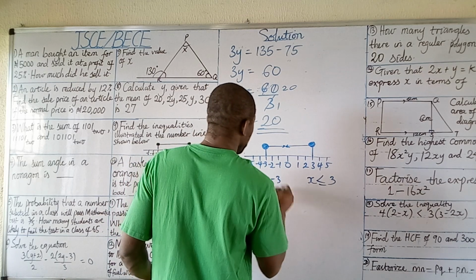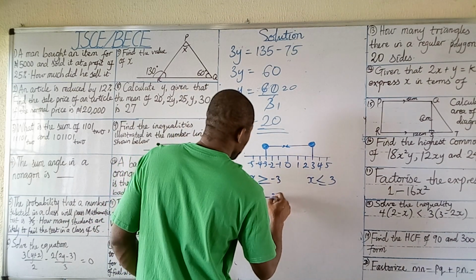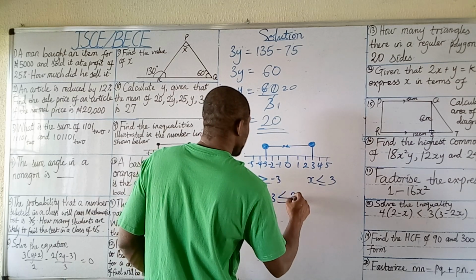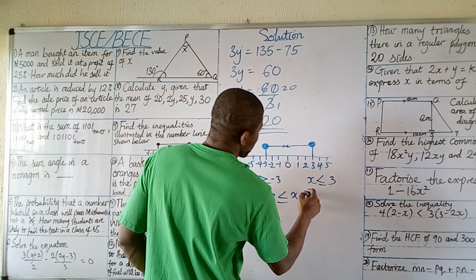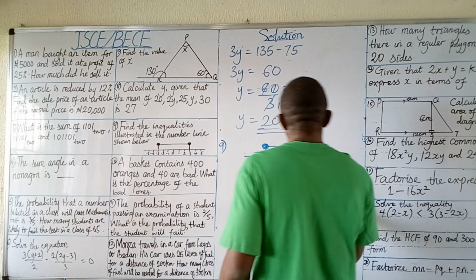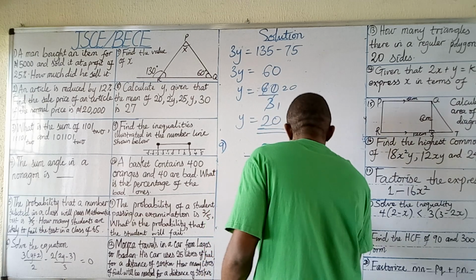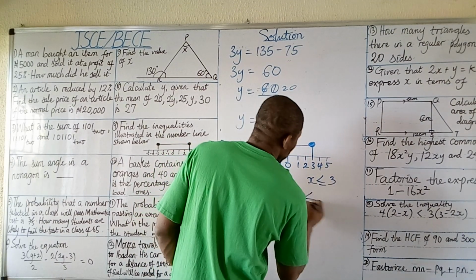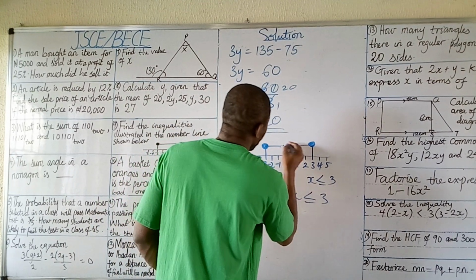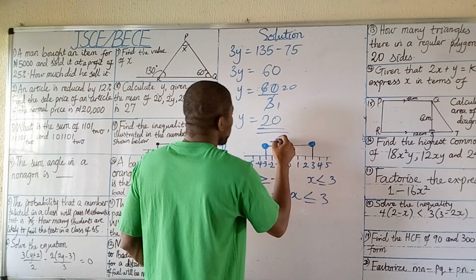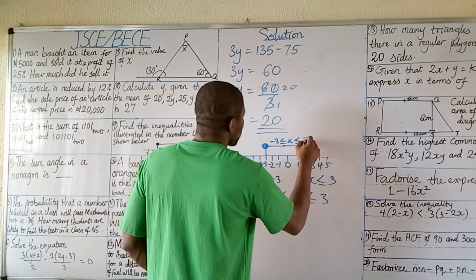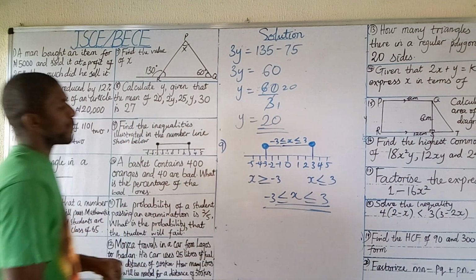So this can be interpreted as minus 3 is less than or equal to x, and x is less than or equal to 3. Our interpretation is this number line that joins. We now have minus 3 less than or equal to x, and x less than or equal to 3. So this is our answer.